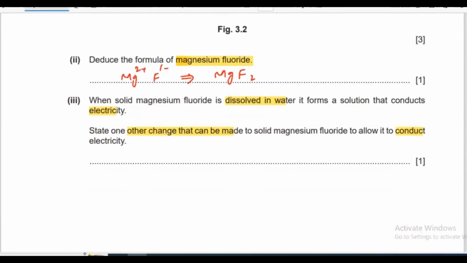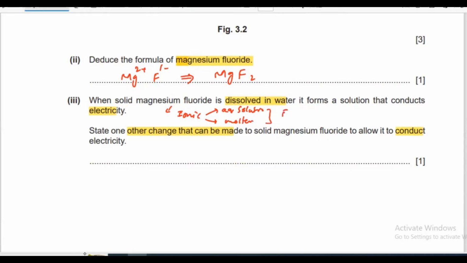Then, when solid magnesium fluoride is dissolved in water, it forms a solution that conducts electricity. State one other change that can be made to the solid magnesium fluoride to allow it to conduct electricity. Magnesium fluoride is an ionic compound, and ionic compounds can conduct electricity in two forms: in aqueous solution and in molten state.